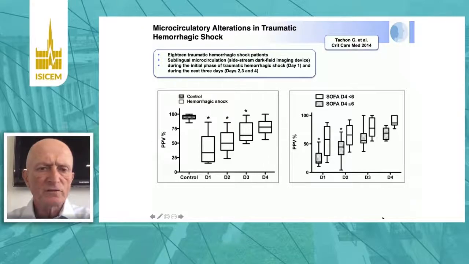We demonstrated a similar link between alteration of microcirculation and multiple organ failure in hemorrhagic shock, when we showed that the severity of the alteration of microcirculation was linked to multiple organ failure in these patients.